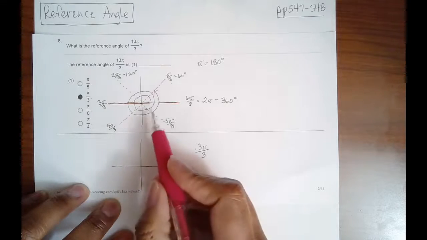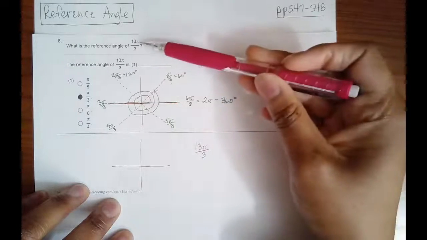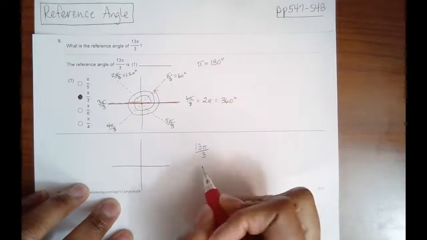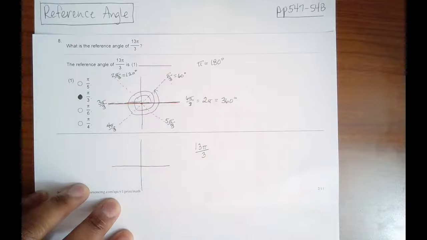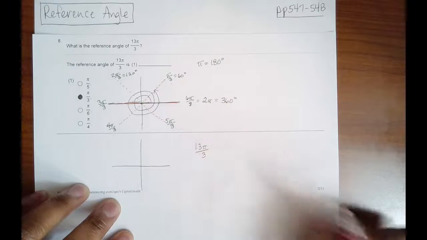Now, an alternative way of solving this, just in case you're not comfortable working with radians yet, you may want to review the video where you are having to convert an angle from radians to degrees.